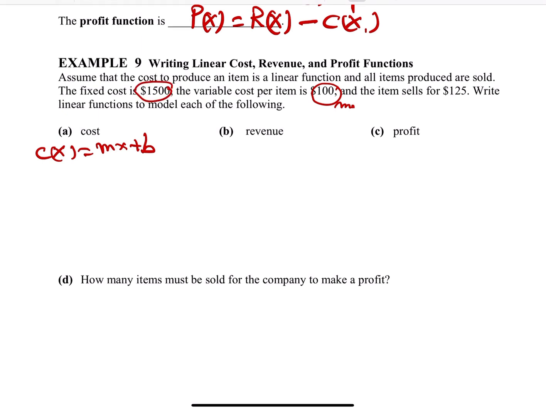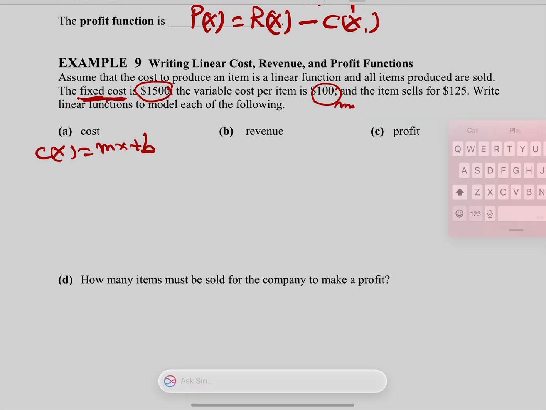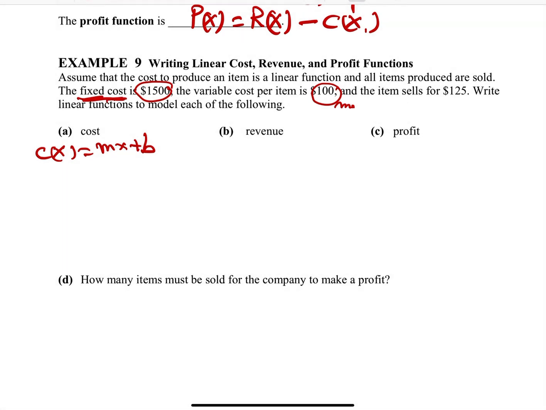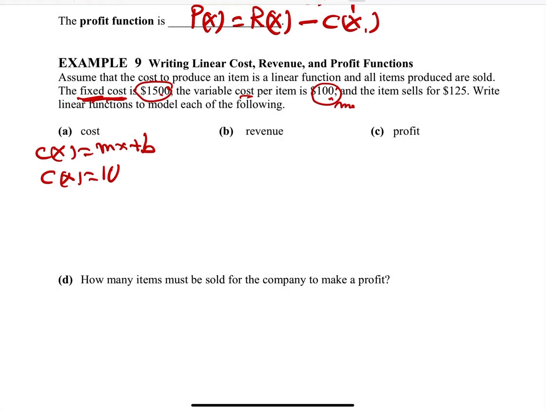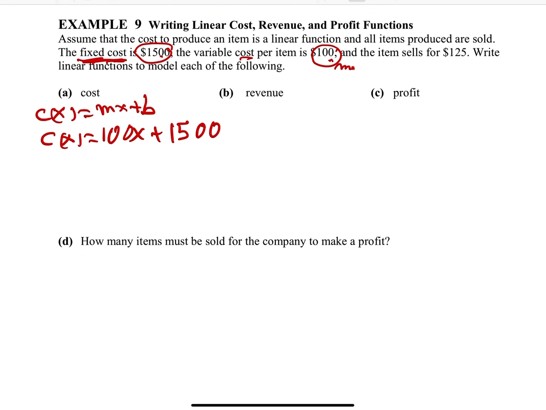The b is, of course, the fixed cost. This one is a cost, by the way, and this one is a fixed cost, and the fixed cost is the b. So now C(x) is equal to 100x plus 1,500. Okay, that's it.